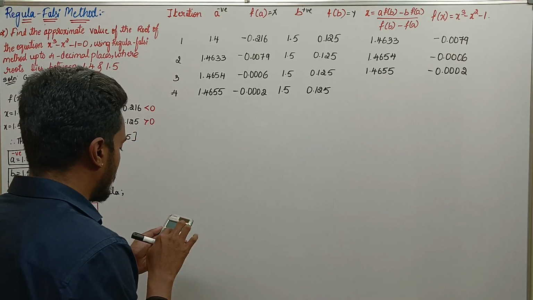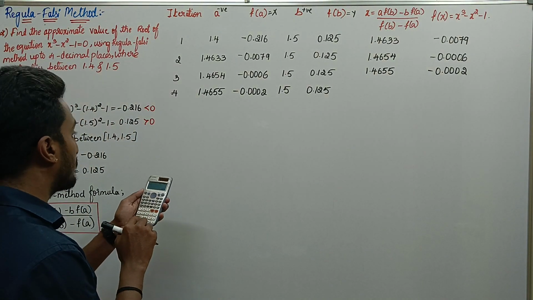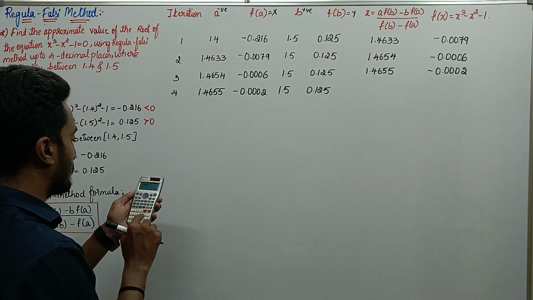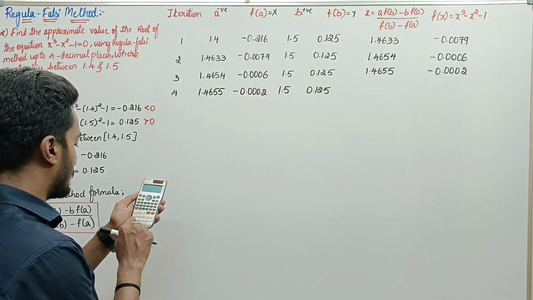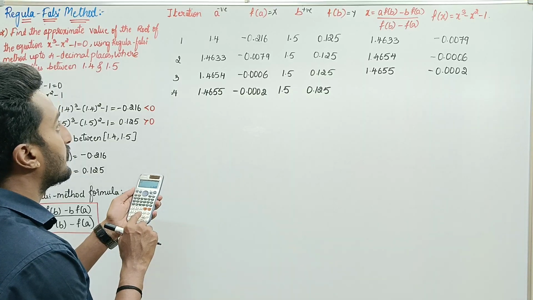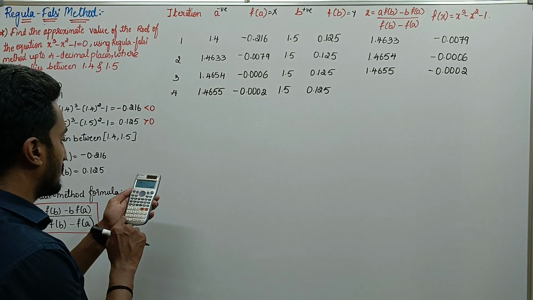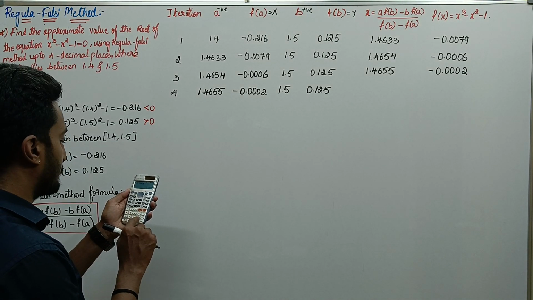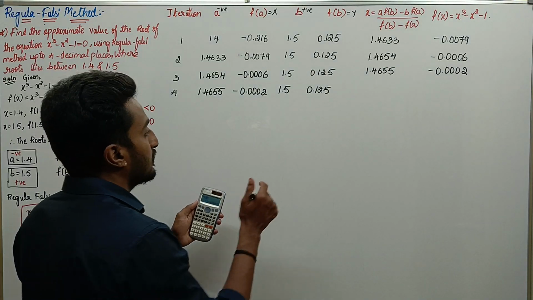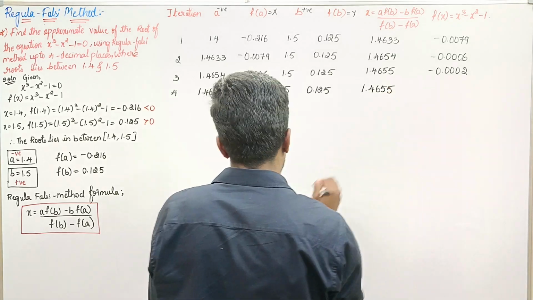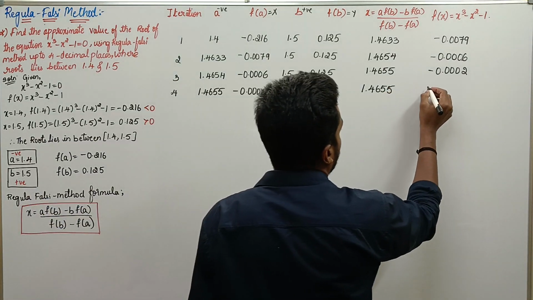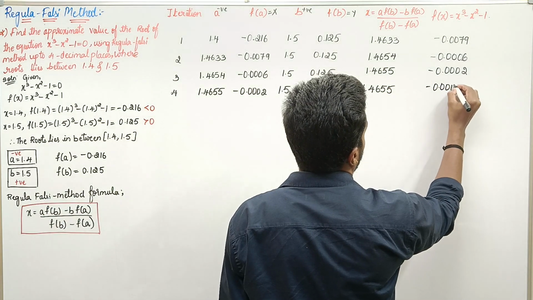Again use the calculator, press calc, value of a 1.4655 equals, y 0.125 equals, 1.5, x minus 0.0002. You get 1.4655. Done. Now again if you simplify, you get minus 0.0002.